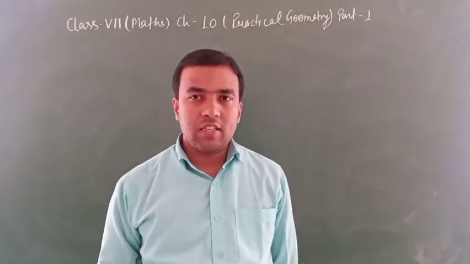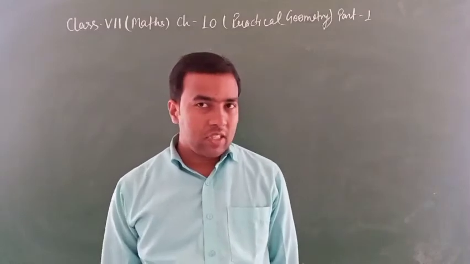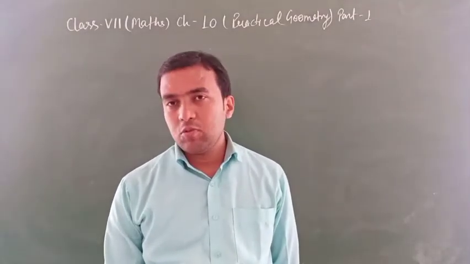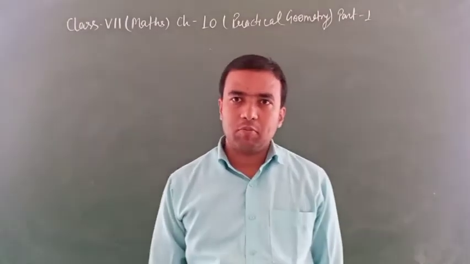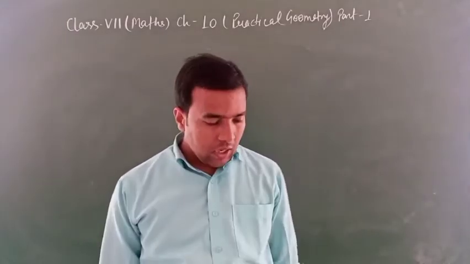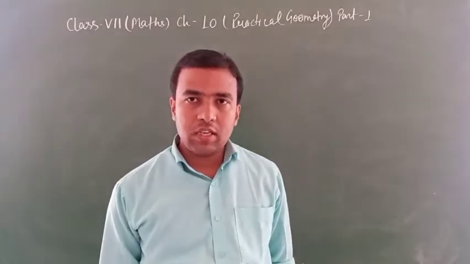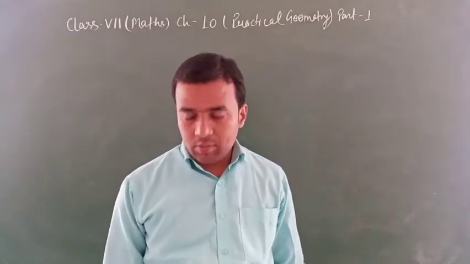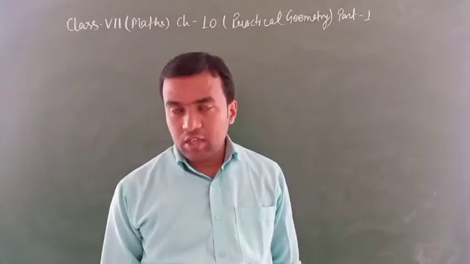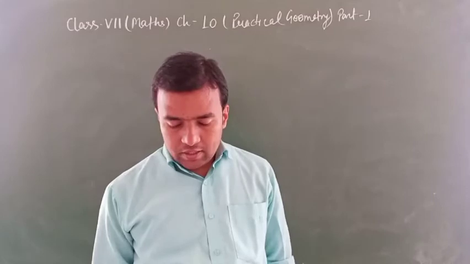You can do like that in R.S. Agarwal. The question number 2 of 10.1 is given, and question number 2 in R.S. Agarwal is the same process. The one I am telling you, the second you can do. Clear? And the third one is like question number 2. Clear? In both. One more question I am telling you.